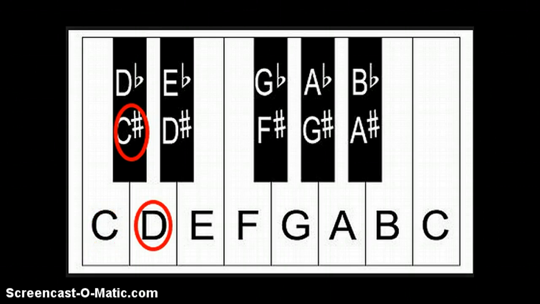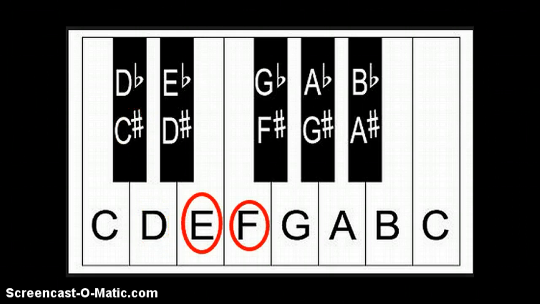Similarly, if we move on from C to C sharp and now circle C sharp and D, because the keys are still touching one another and there are no keys that stand in between these two, this is also considered a half step. Let's look at a different example.